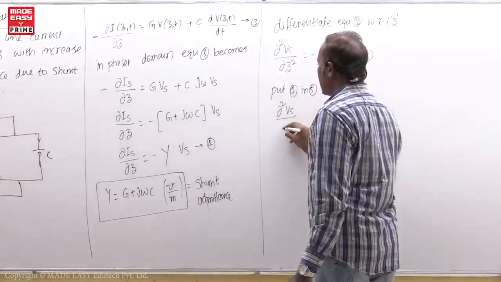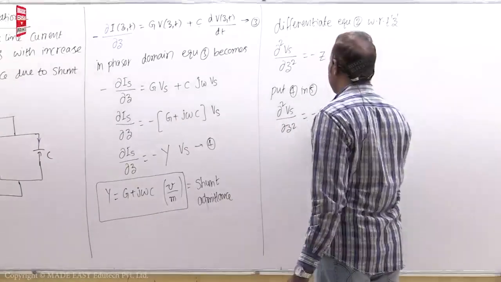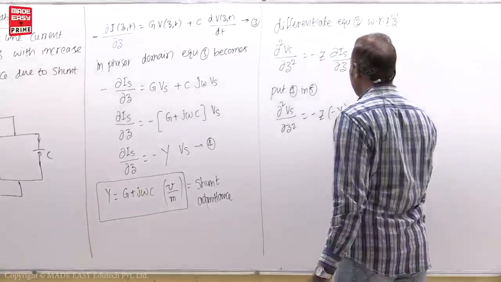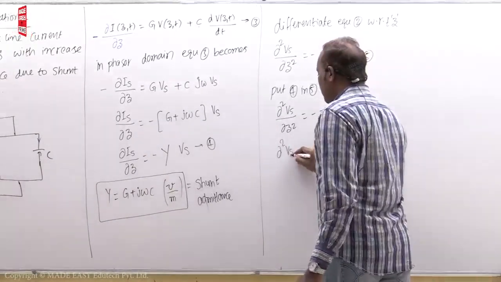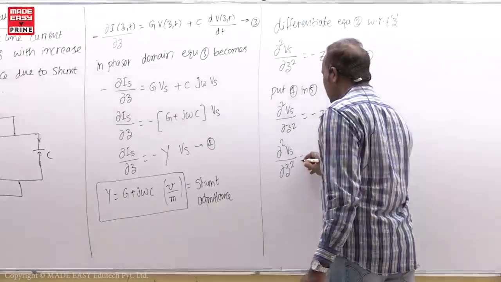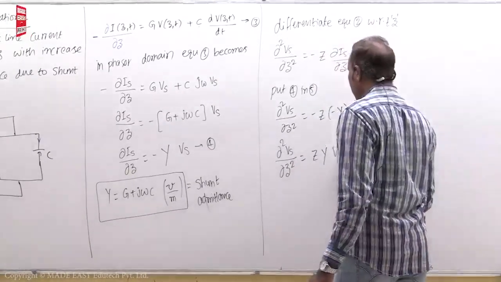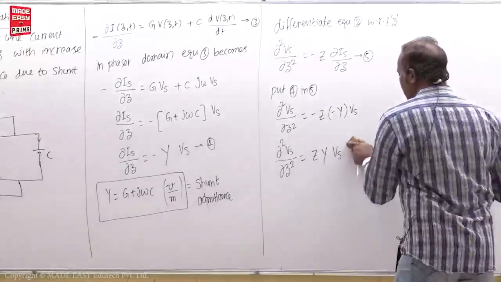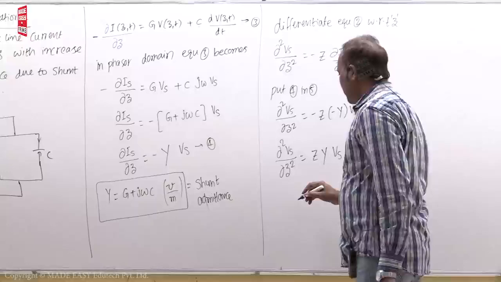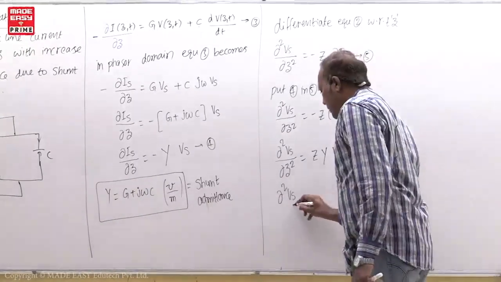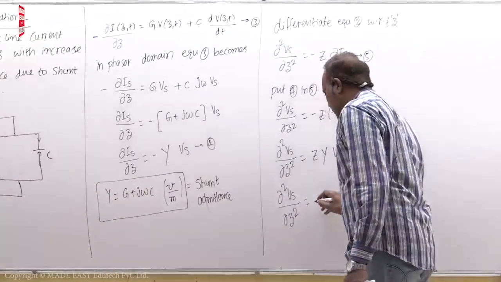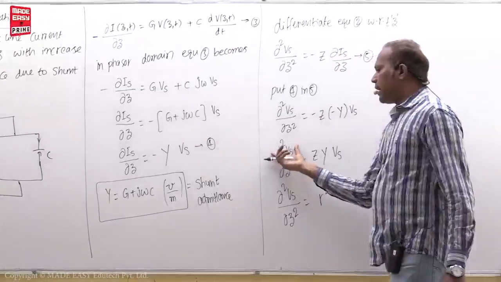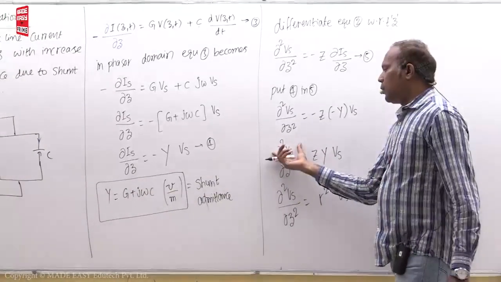Dou square Vs divided by dou z square is equal to minus z into dou Is by dou z, which is minus y into Vs. So ultimately dou square Vs divided by dou z square is equal to z into y into Vs. We'll write one more step: dou square Vs divided by dou z square is equal to gamma square into Vs. I told you, dou square V unit is volt.